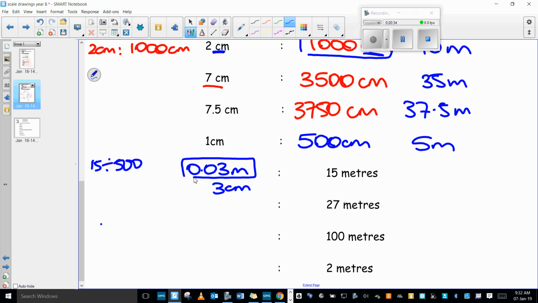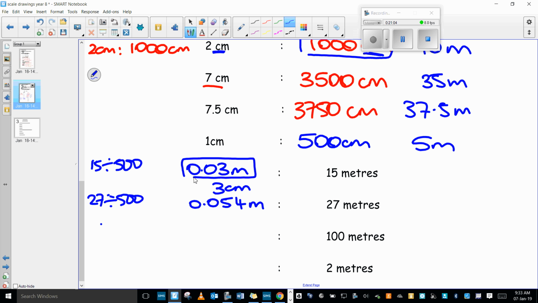Yeah, so 27 divided by 500. So who's got an answer for that? Kaya? 0.05. Okay, that's 0.054 meters. You said what? I didn't get that. 27 divided by 500? Yeah, I got something different. No, 27 divided by 500 is not 18, darling.